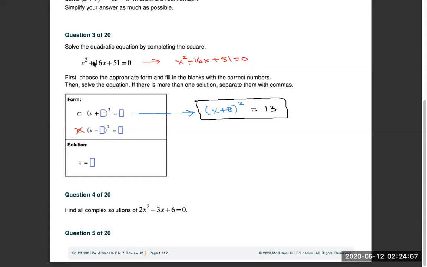If you have a positive here, you're going to use this form. And then finally, your solution, you're going to need to separate it with commas. So you're going to have x equals negative 8 plus square root 13, and then comma negative 8 minus square root 13.